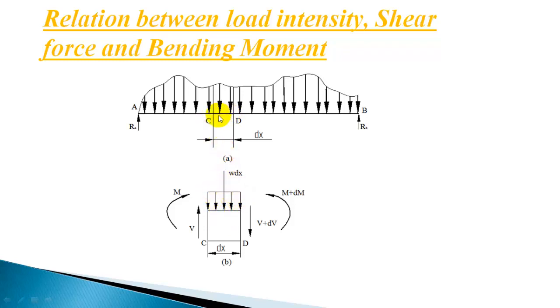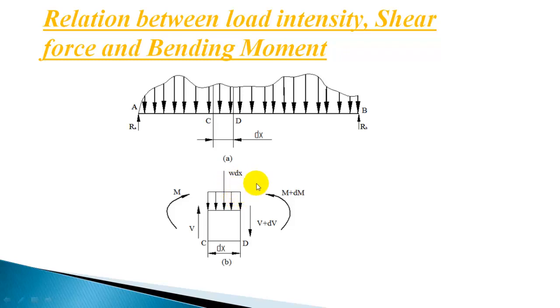Since it is a very small, differential length, the variation of this distributed load can be neglected, and we will take that load intensity as W. So the intensity of load is W, and the resultant load acting is W dx.